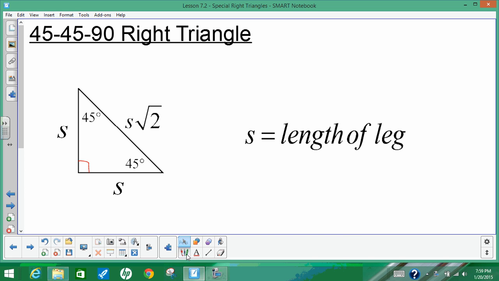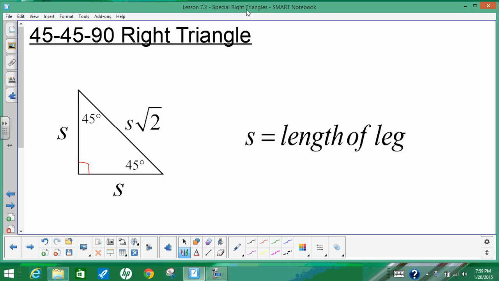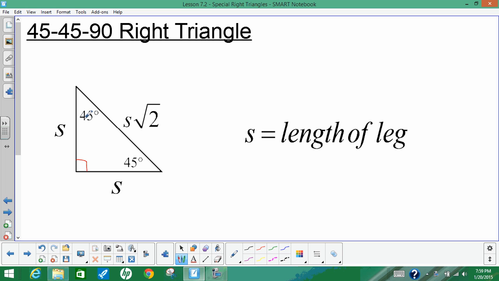And we're going to have a relationship here between the legs of these triangles. The two sides across from the 45-degree angles, you should probably know this already since we talked about isosceles triangles, those sides are both going to be equal. And we like to call them S. Here you can see that S is the length of the leg.